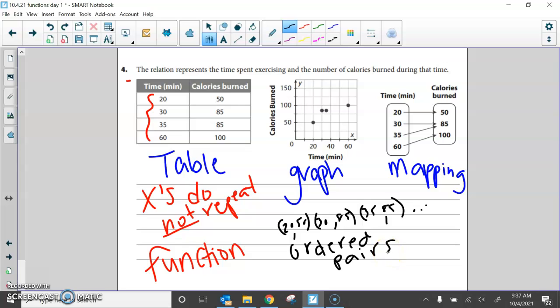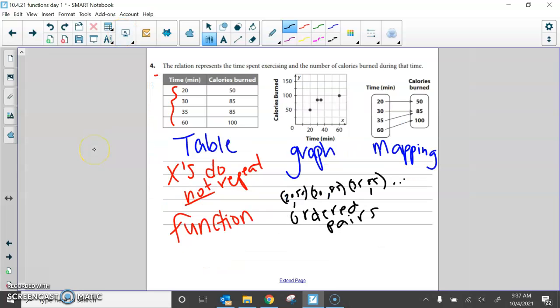And they could have actually come up with a function for this, something that looks like y equals mx plus b. And that would be an equation. Based on the information they've given us, we could figure out what the equation would be. We're not going to, but that's just another way they could do it. So you could see a table, a graph, mapping, ordered pairs, or an equation, and they could ask you to figure out if it's a function or not.